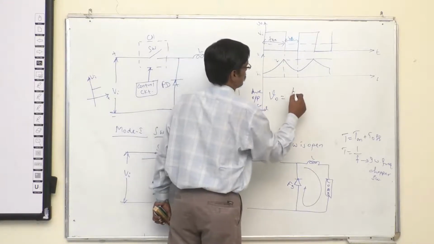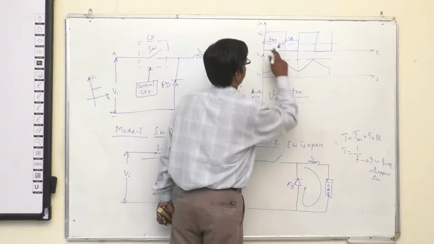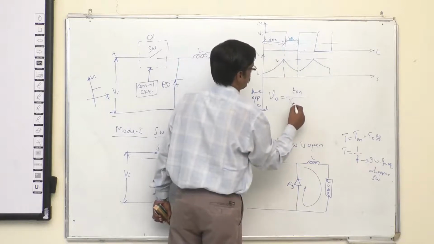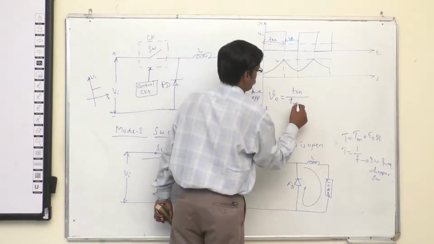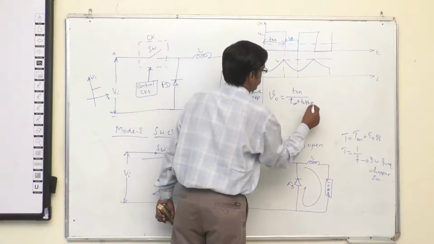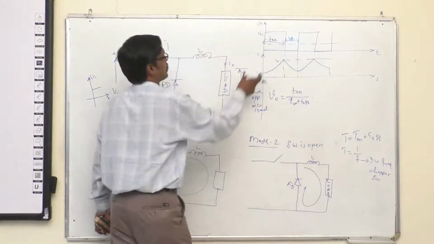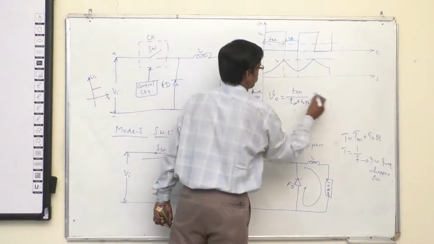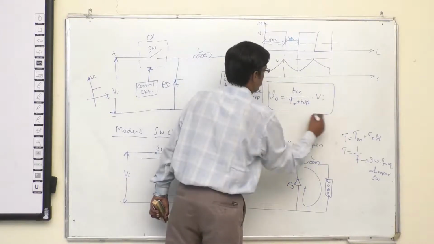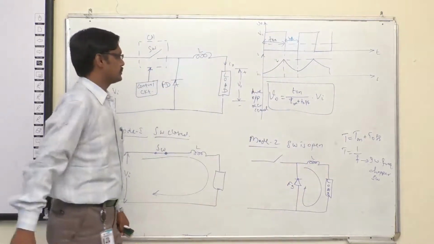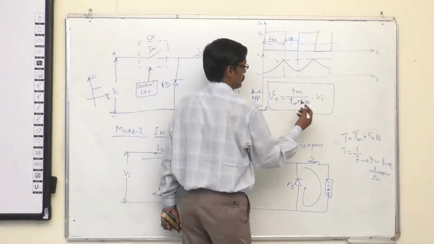The output voltage V0 is equal to T on divided by the total time T, that is T on plus T off, multiplied by the input voltage VA. So this is the average output voltage of the chopper.